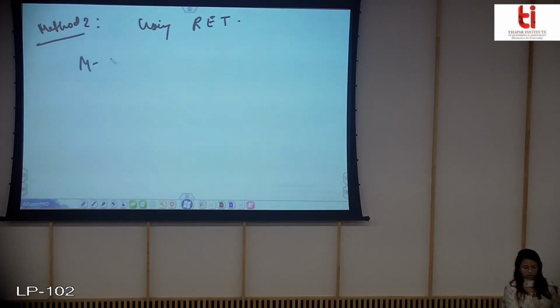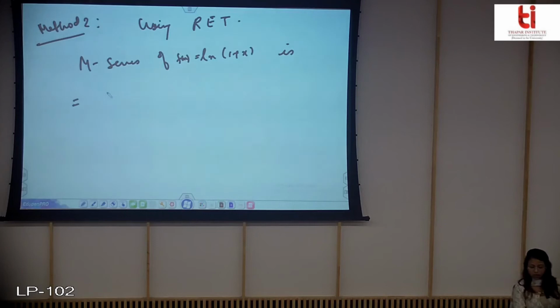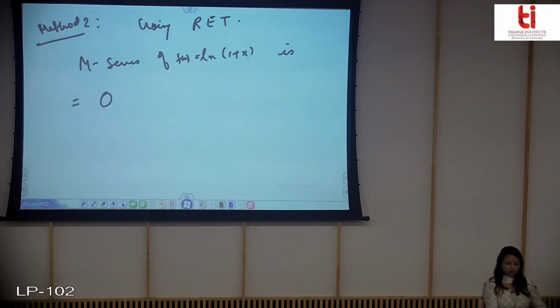Okay, so when you expand the Maclaurin series, I have already written it, but I'll write it down. If you put f(0), it is coming out to be 0.